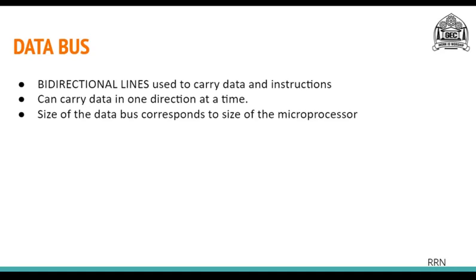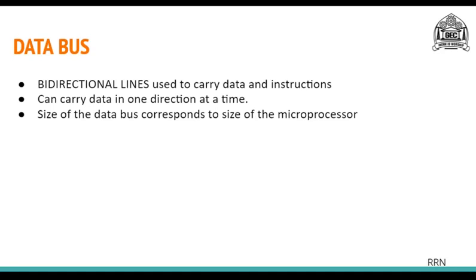If your microprocessor is an 8-bit microprocessor, it has a data bus of width 8 bits. If your microprocessor is 16 bits, the width of the data bus is 16 bits. So this is how the size of the data bus depicts the size of the microprocessor.